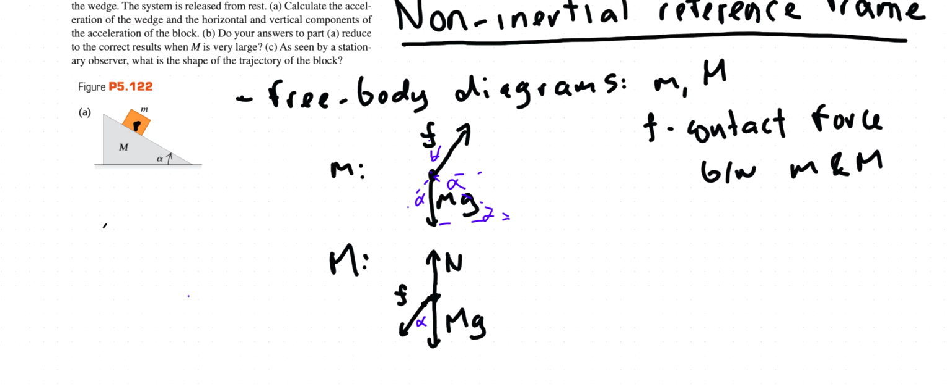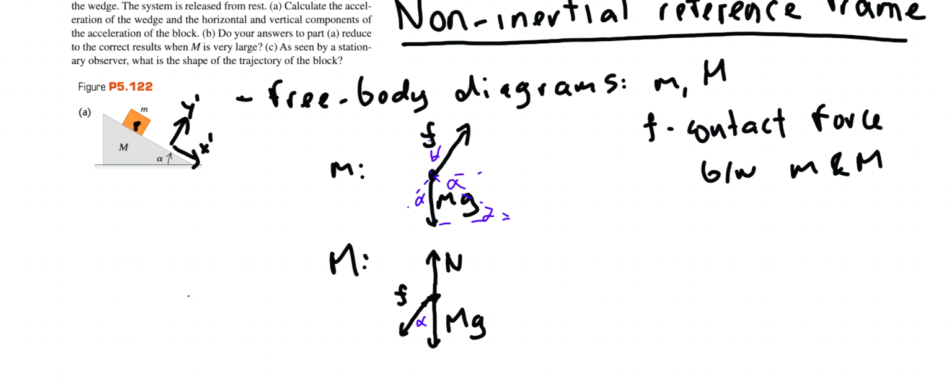We have experience with wedge problems, and we know that when we solve in a coordinate system tilted according to the wedge, one of the equations of motion becomes easier, and I want to exploit that. In the meantime, I will introduce the non-inertial reference frame too.